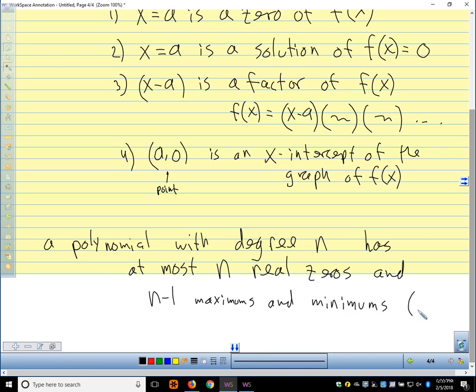The other way we can think of this is turns. It turns around at a maximum or a minimum. So if our degree is n, it has at most n minus 1 turns. So a parabola, how many turns does a parabola have? 1. Or a second degree or third degree polynomial could have 2 turns. So that's what we're saying.